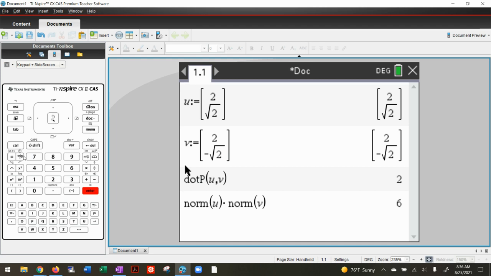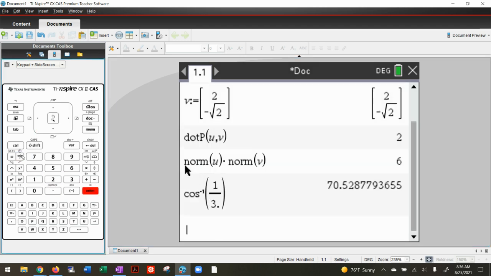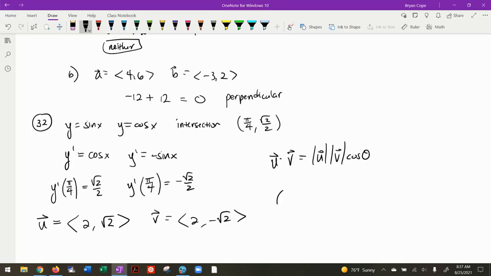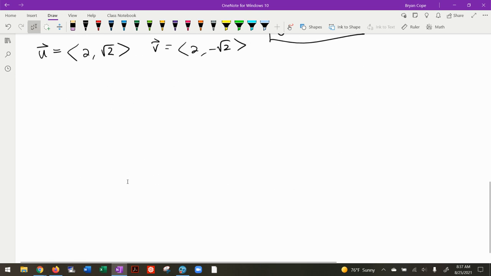So we're going to take the inverse cosine of 1/3, and that gets us an acute angle of 70.53. Yes. So theta is 70.53. I just did all the computation on the calculator for there. Okay, what's next after 32? We've got 43 and 49. Okay, 43.